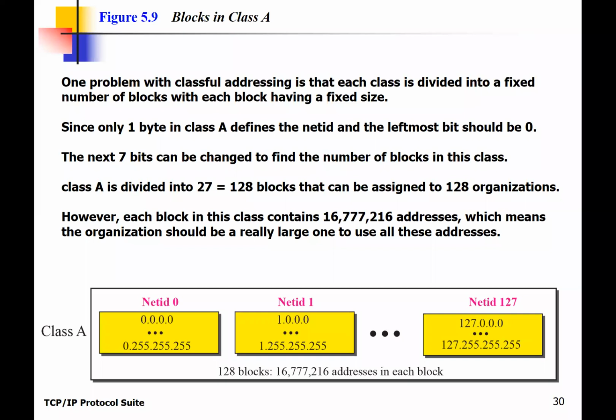So what do we mean by that? Why do we need the net ID and why do we need the host ID? The net ID is going to give you the address of the network you're going to. That's going to be the main address for the whole network. And then the host ID is going to give you the specific address for the host. Each host will have an address. So now let's talk about class A. In class A, how many bits do we use?